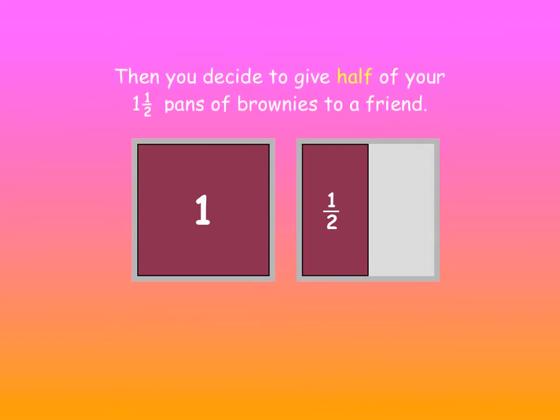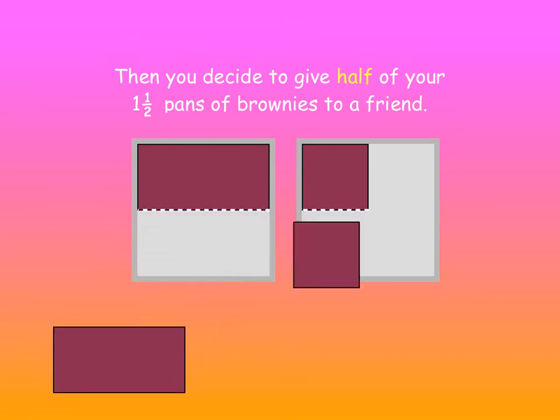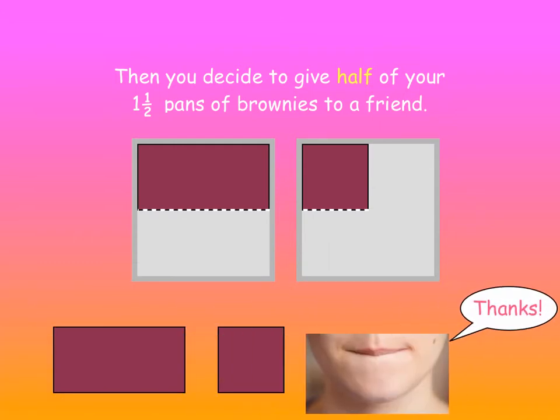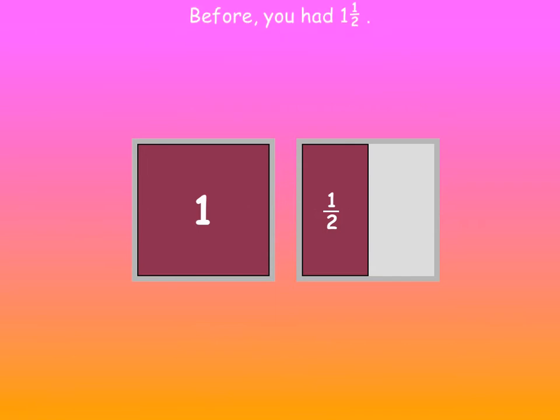Then you decide to give half of your 1½ pans of brownies to a friend. So you take what you have, you cut it into halves, and get it ready to give away to your friend. Well, before you had 1½.